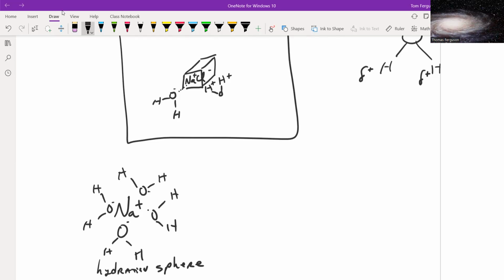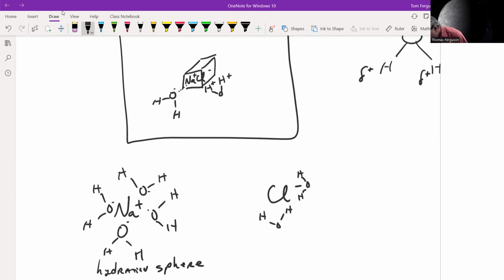So the water is surrounding the sodium now as it pulls that sodium ion out. That's called a hydration sphere. And there's one for the chlorine as well. So both these are hydration spheres.